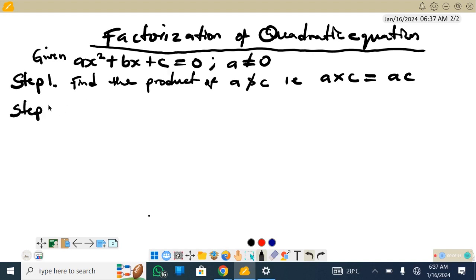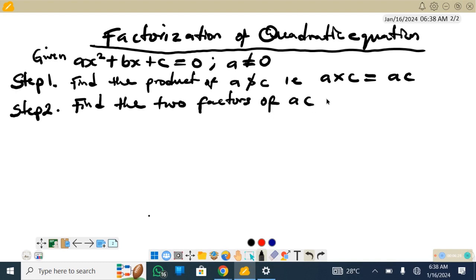When you have done that, step 2 will be to find the two factors of ac that when summed will give b.